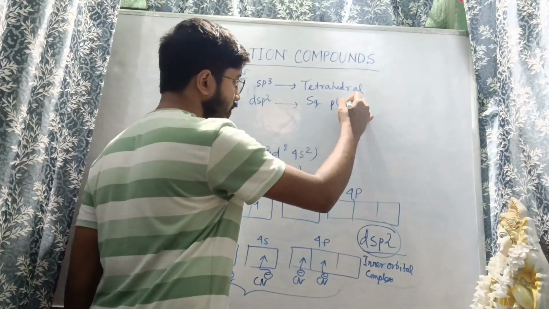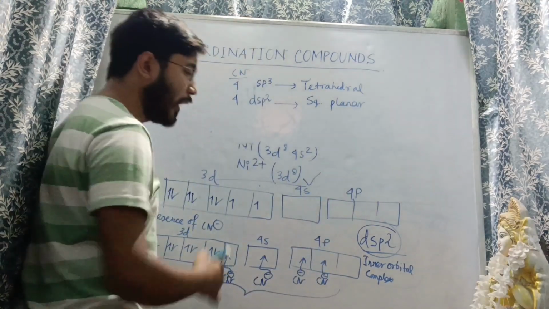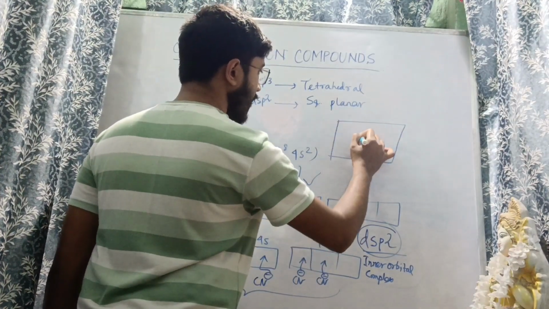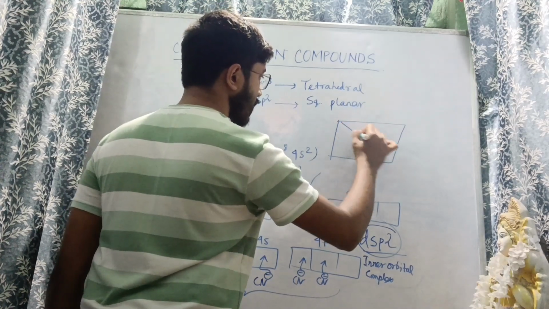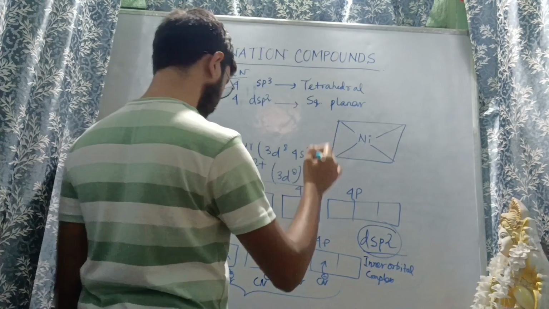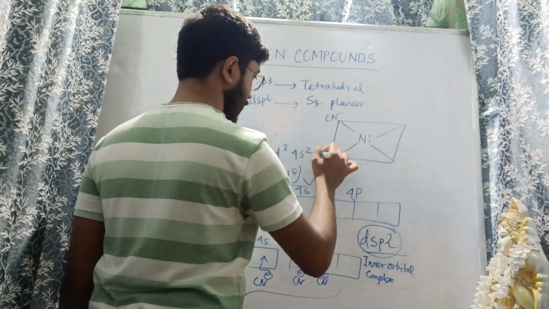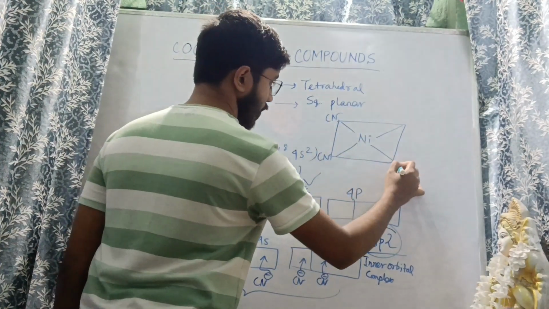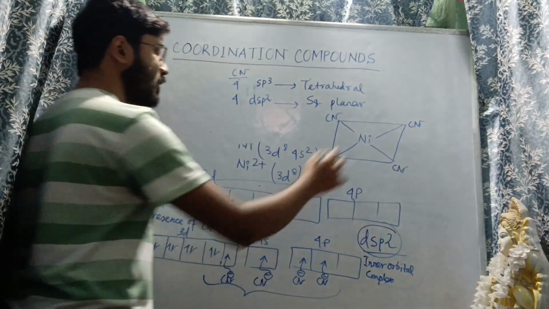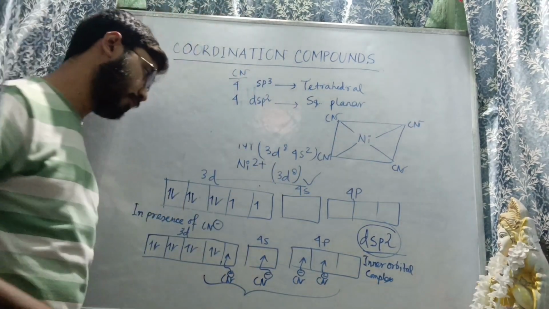Square planar means nickel is present in the center and 4 cyanides are present here. So this is a square planar nickel complex.